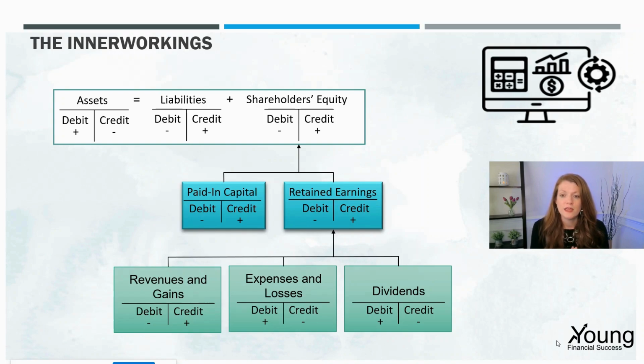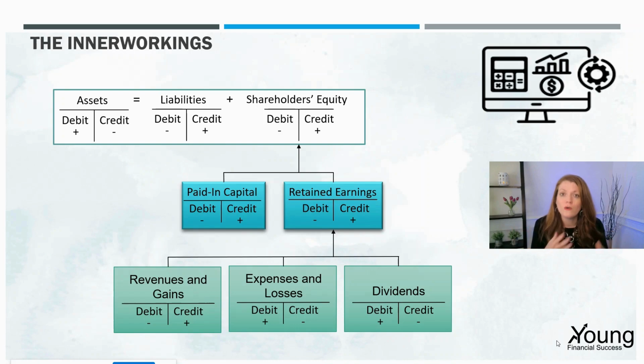One big thing is that since cash is an asset and assets are debited to increase them, a lot of times people associate debits with a good thing and credits with a bad thing. But that is not the case. We have to get that out of our heads, because when we earn revenue, we credit revenue.